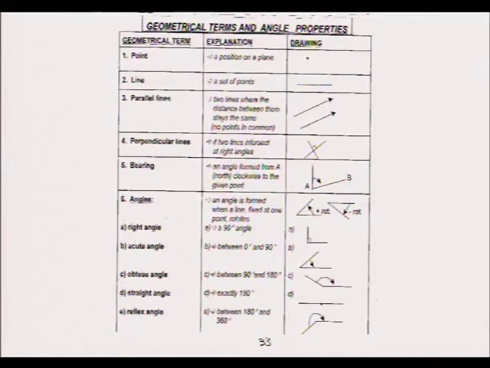Acute angle is between 0 degrees and 90 degrees. The obtuse angle is between 90 and 180. There are some examples drawn for you as well. The straight line, we know, is 180 degrees, and the reflex angle will be a bigger angle between 180 and 360 degrees. Study this.